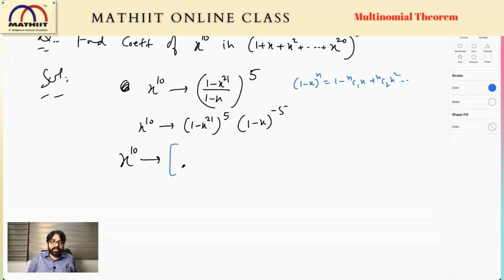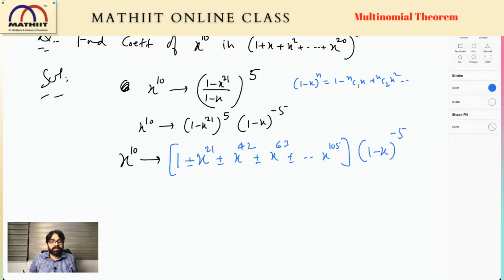If you expand this, you'll get 1 minus something into x power 21 will come, plus or minus whatever, I don't know, I don't want to write that also. x power 42 will come, plus minus x power 63 will come. Are you getting my point? Till when? Till the maximum power of this, 5, which means that will be 105, into 1 minus x power minus 5.